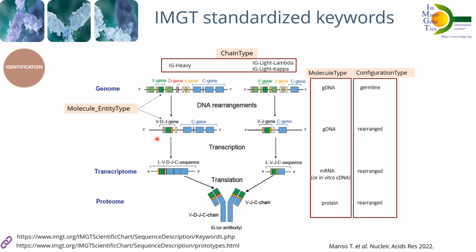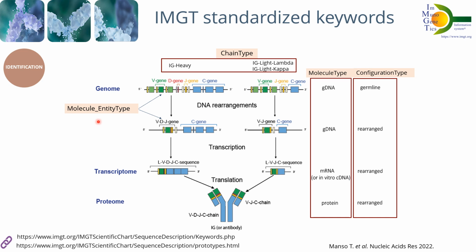For example, a VDJ gene corresponds to the rearranged sequence of 3 types of genes, variable, diversity and joining, that can be identified in genomic DNA during the synthesis of an immunoglobulin heavy gene.